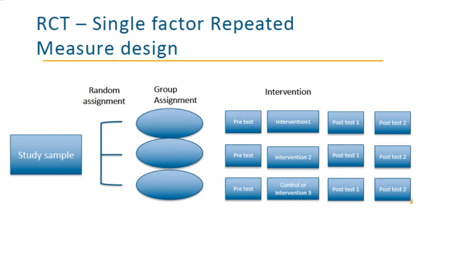But you do the pre-test, do the intervention, post-test could be, let's say, immediately upon follow-up of the intervention, and then post-test 2 could be a follow-up 6 weeks, 12 weeks later, depending on what the intervention is that you're measuring, okay? So you have that baseline, which is the pre-test, the intervention, and then the post-test, and then the repeated measure means you do a follow-up post-test.